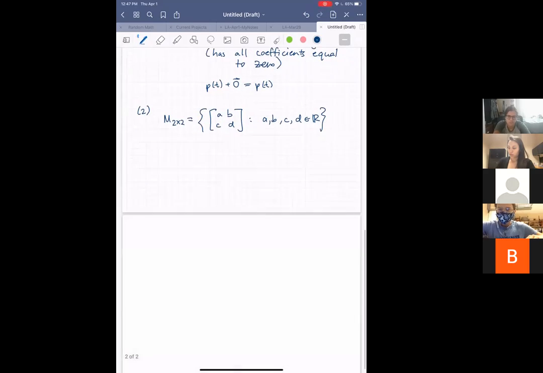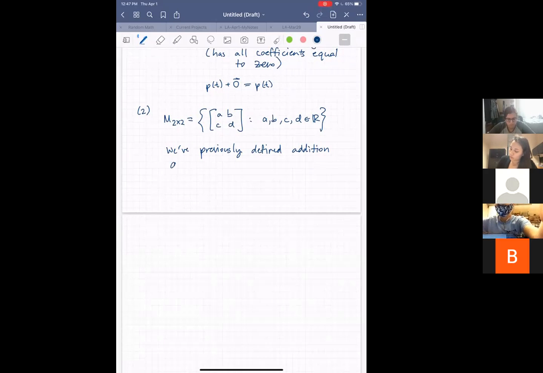We previously defined addition of matrices: we just add the corresponding entries, and likewise for scalar multiplication.